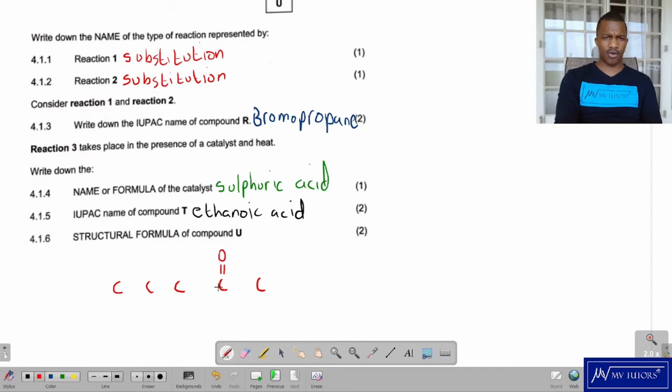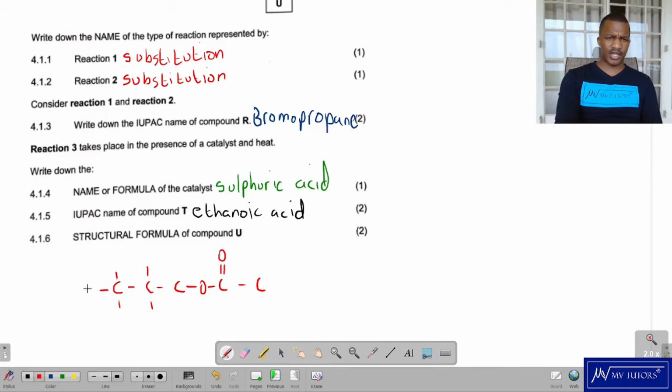I'll put the O, and then should I put another O over here? And there we go. And that's it. This is the functional group over here. The rest is just filling it up with H's. So we've got an H there. We've got 2 there. Make sure there's 4 bonds on each one of them.